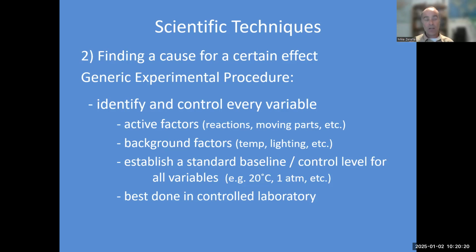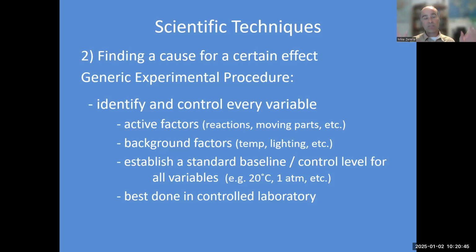So in order to do that, we first need to identify and control as many different variables as we possibly can, because we want the final result, a difference between the groups or no difference between the groups, to be a result of only the variable that we are interested in. We want to make sure that none of the other variables that are playing a role have an effect on the result.